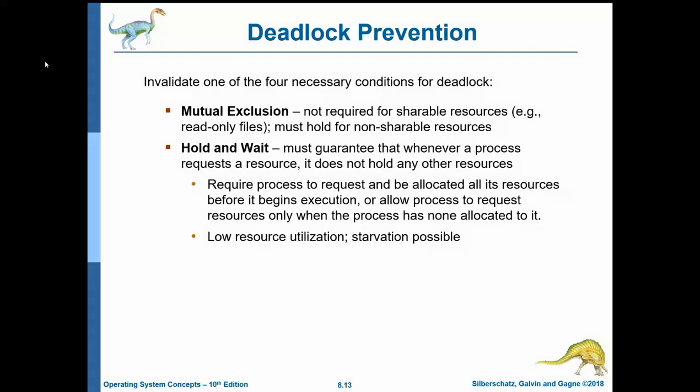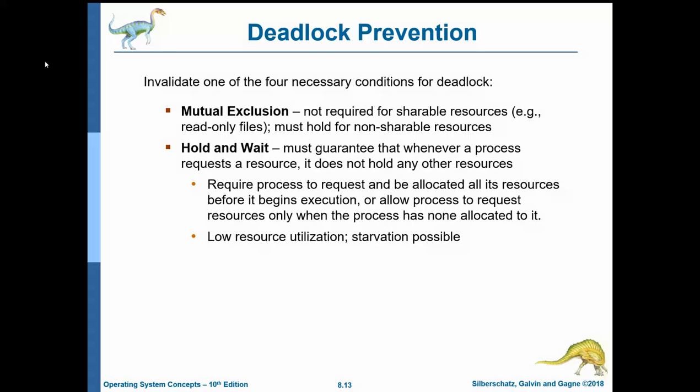So, they require a process to request and be allocated all its resources before it begins execution. Macam mana nak tahu? Proses akan bagi tahu apa yang dia akan request, dan dia akan allocated all resources sebelum dia execute. Sebelum proses tu execute, dia akan bagi tahu what are the resources yang dia perlukan.